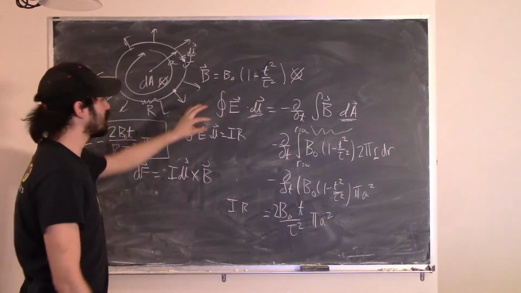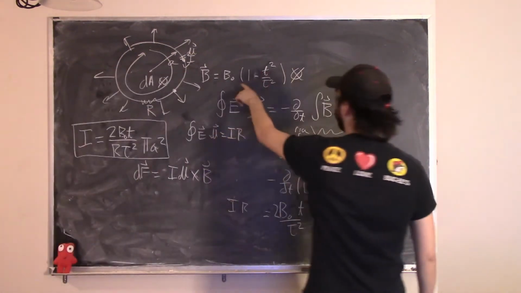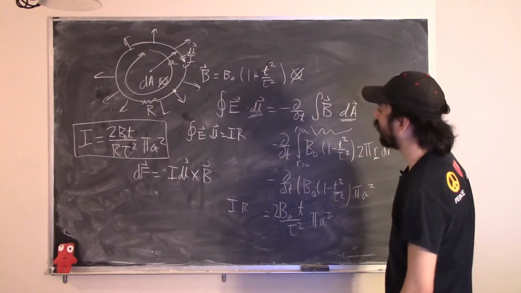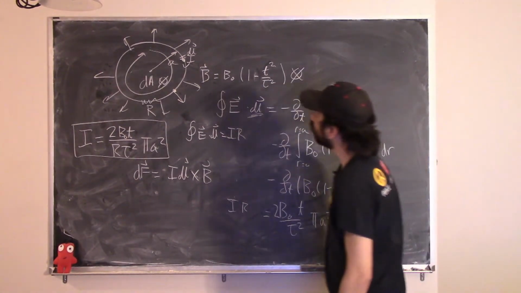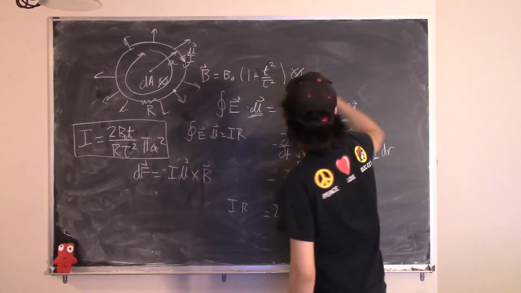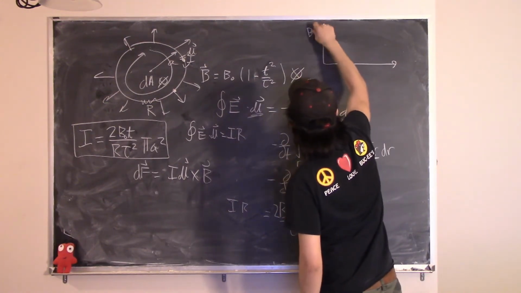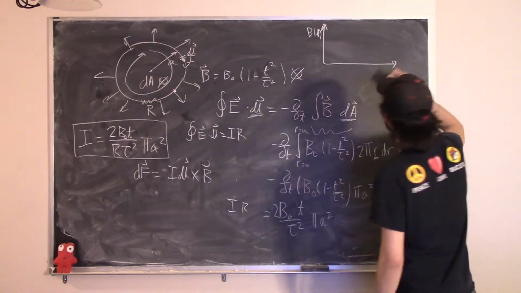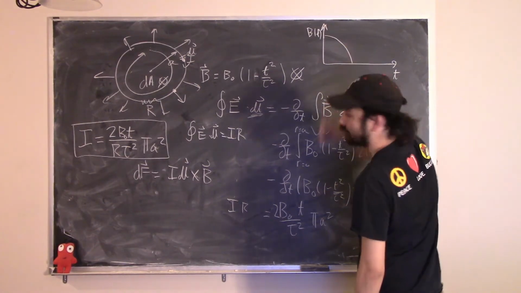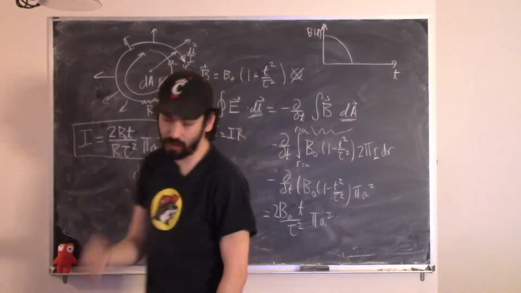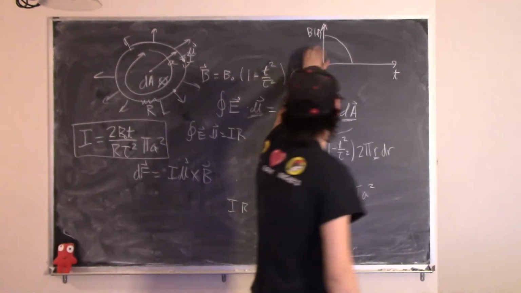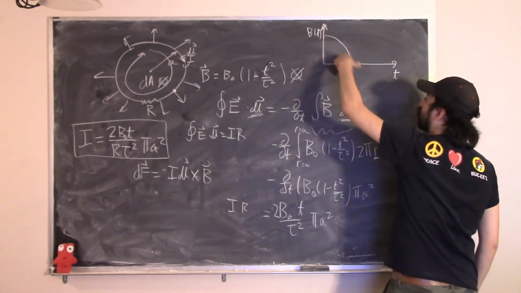Now we can see if that's consistent with what we expect by considering what's happening to the magnetic flux. So if I plot this magnetic field as a function of time, so this is B of t, and this is t, it's going to do something like this. And so we see that for all times where t is greater than 0, this is going to be decreasing, right?